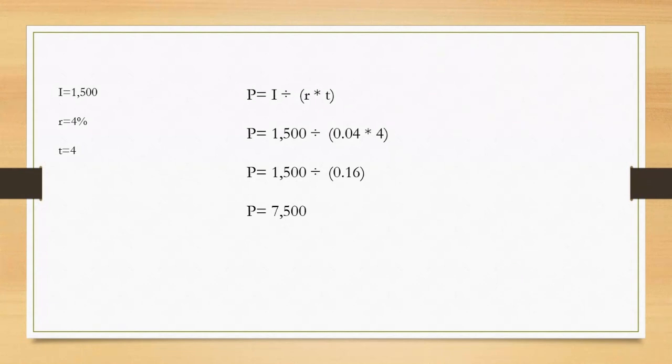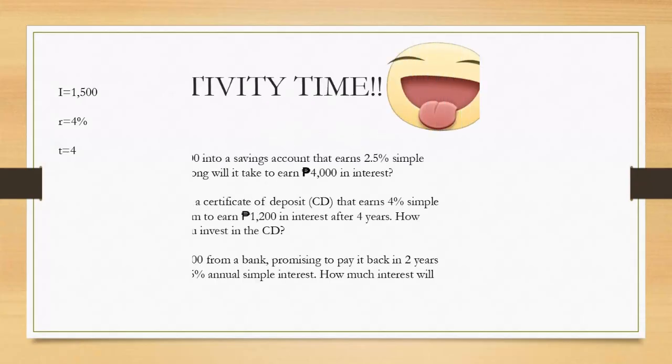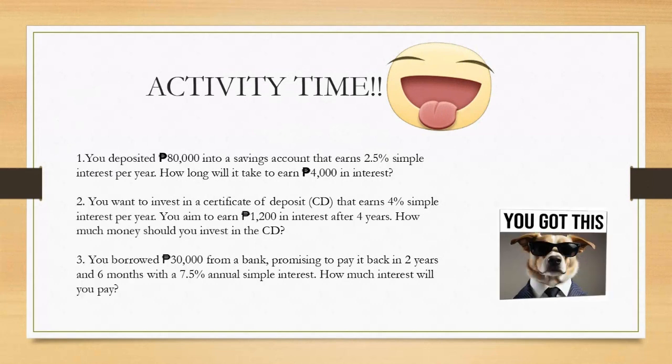The solution is I divided by R times T. So we put the I here, divided by R times T, which is 0.16, because we multiply 0.04 by 4. So the final answer is 7,500. Okay, for the last one, we have another question. I'll give you 5 seconds again, starting now.